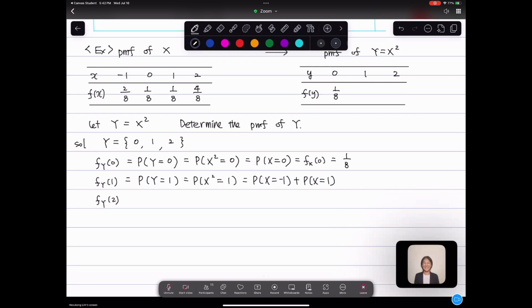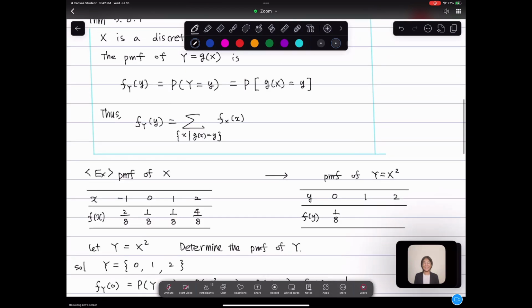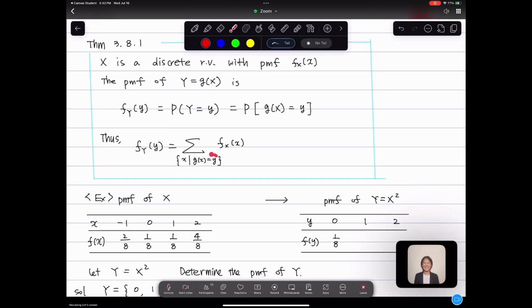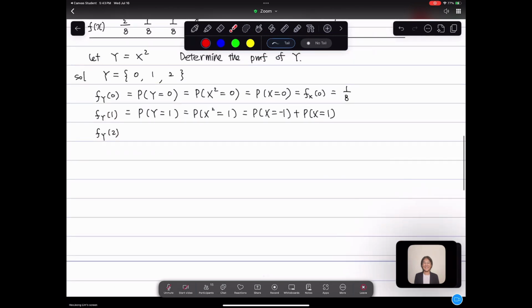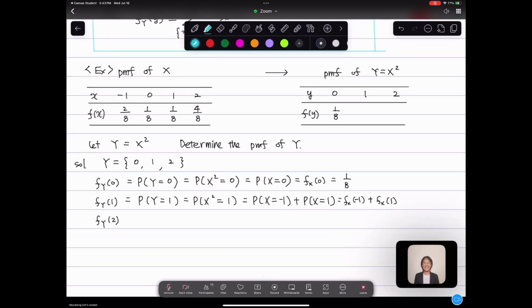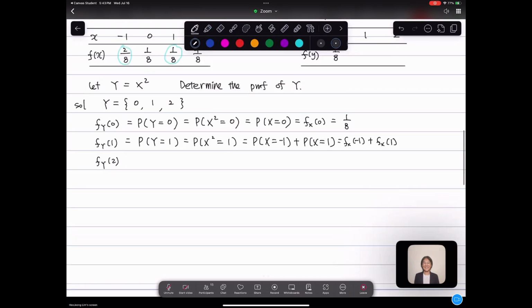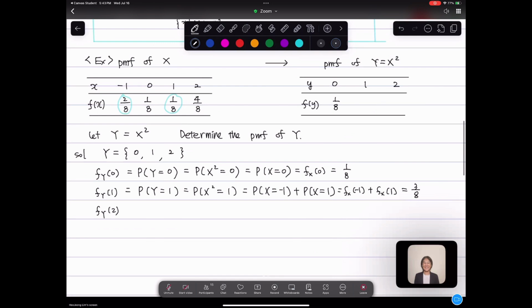That's what I mean by you add all these x values where the function equals 1. So I got my values of f of x of -1, and I have to add f of x of +1. That should be 2 of those, this and this, so that's 3/8. So that gives me 3/8 for that y value of 1.